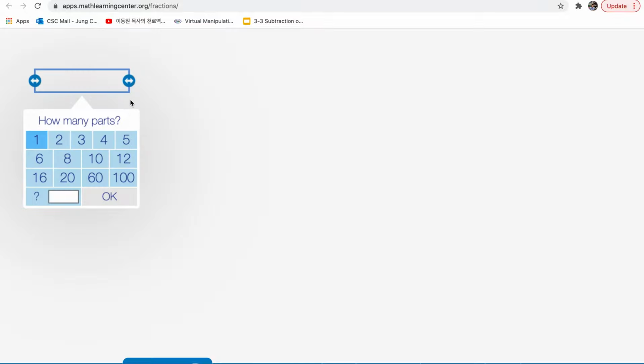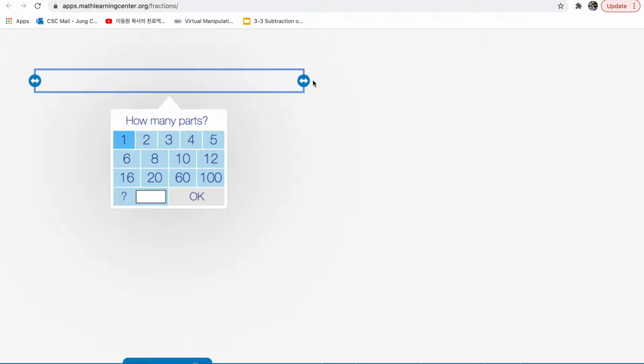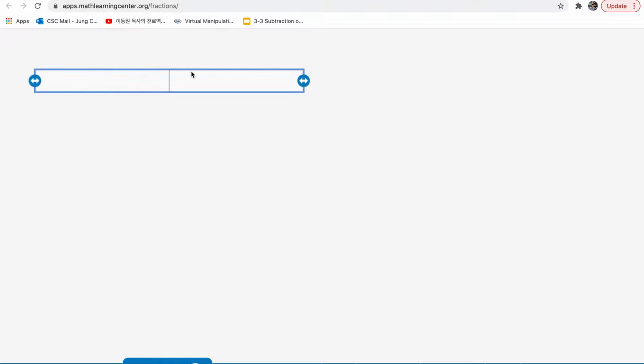So here I'm going to show you some manipulatives. For example, let's suppose this is the chocolate bar and this is one whole thing. Okay, so to show 1/2, we can break this into 2 equal parts, right? And we can do the same thing here.